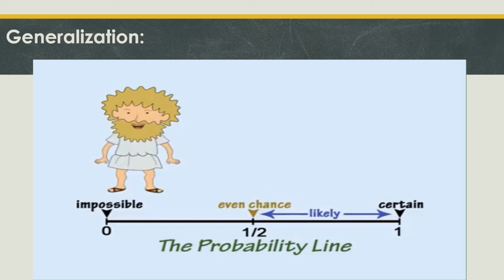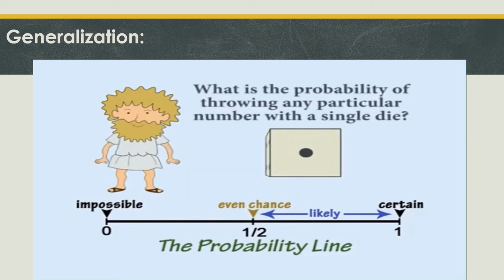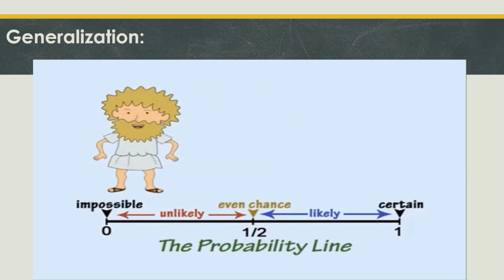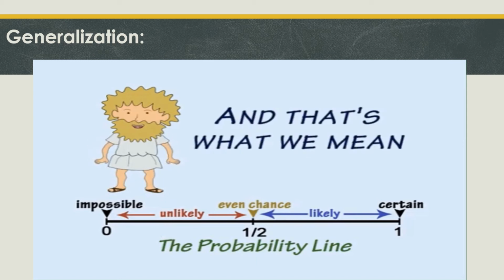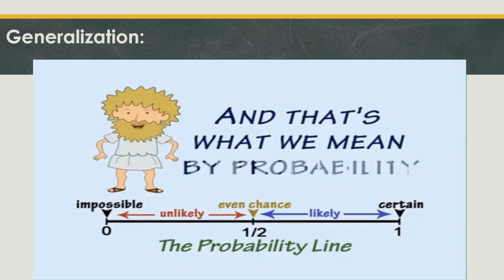And that's what we mean by probability. When you throw a single die, no matter what you pick, the chance of getting any number's only 1 in 6. And that's what we mean by probability.